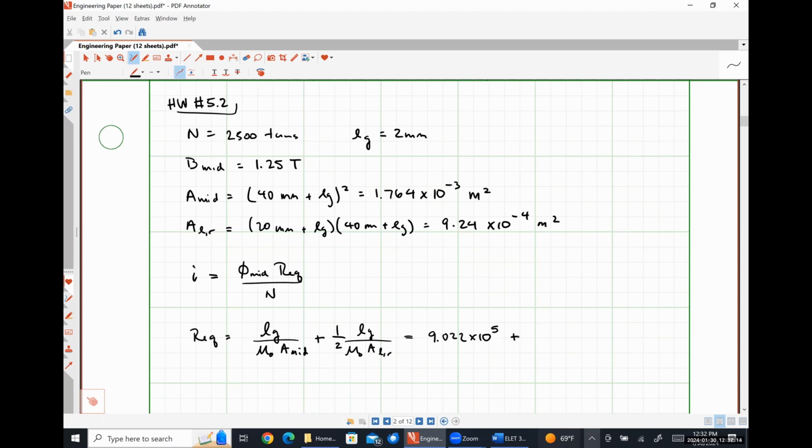That looks like 8.612 times 10 to the positive 5. Both of these are in amp turns per Weber. Adding them together, I get 1.763 times 10 to the 6 amp turns per Weber.